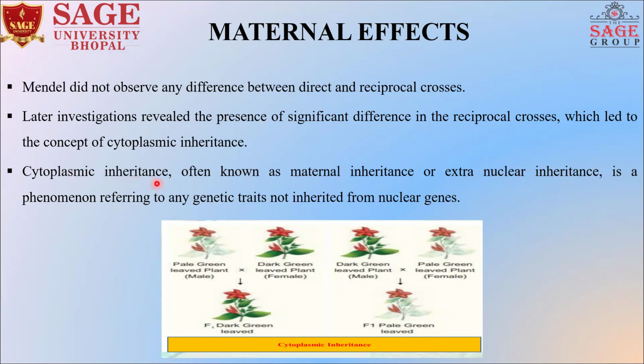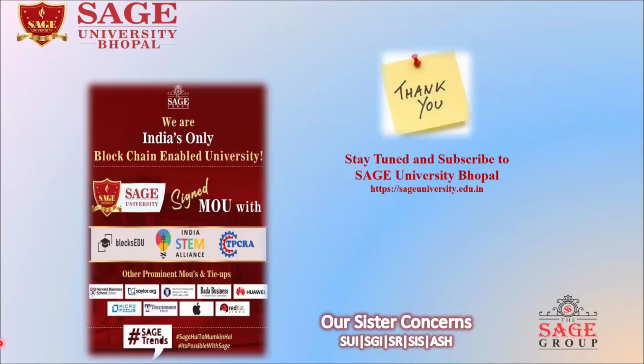It is a phenomenon referring to any traits that are not inherited from nuclear genes. After Mendelism, later investigations revealed a significant difference in reciprocal crosses, which led to the concept of cytoplasmic inheritance. These are the various post-Mendelian concepts which were investigated after Mendelism. So this is about the post-Mendelian concepts.